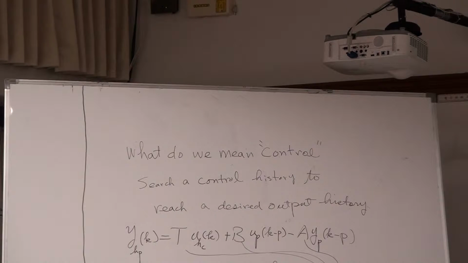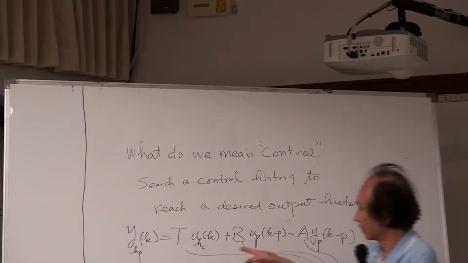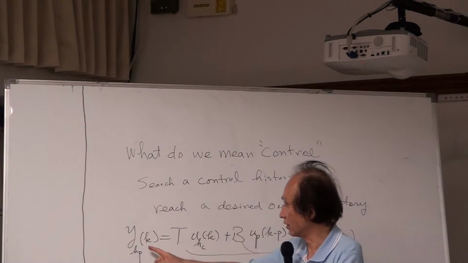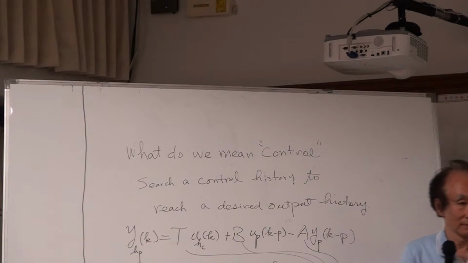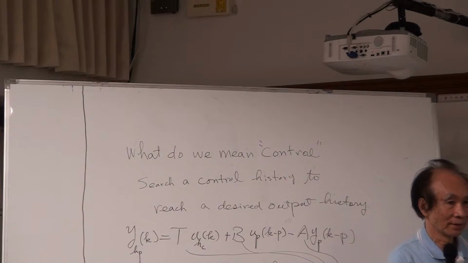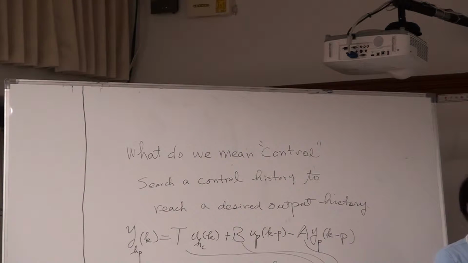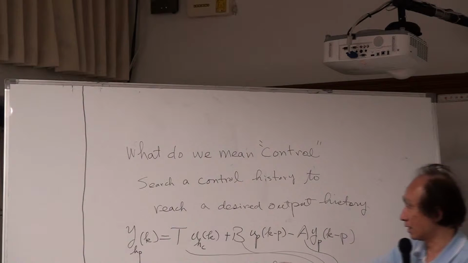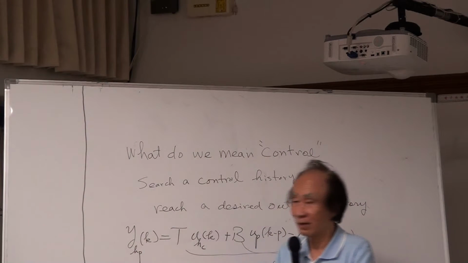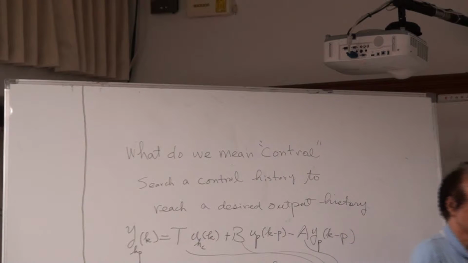Now the control law. How can I compute this? If I give you this, you might simply say, well, I can just make a pseudo inverse of this, right? Why not?